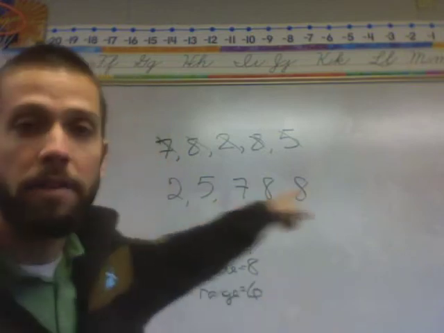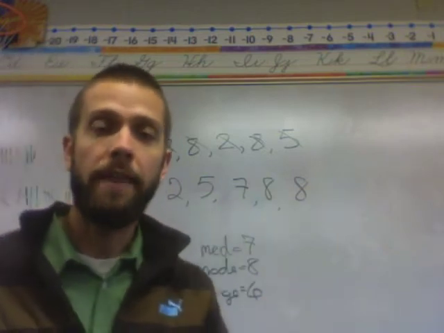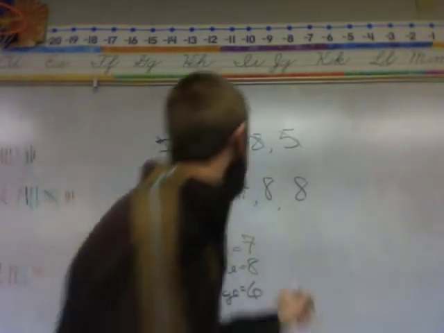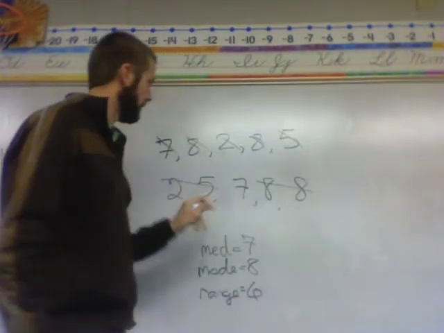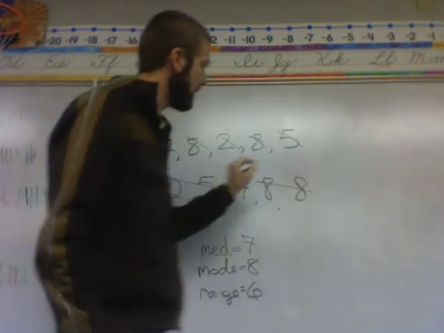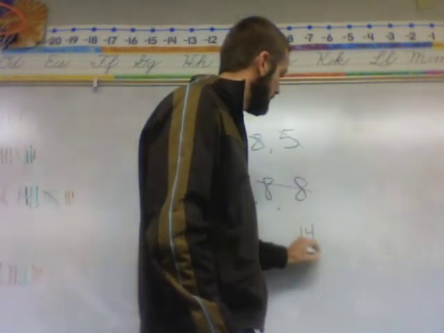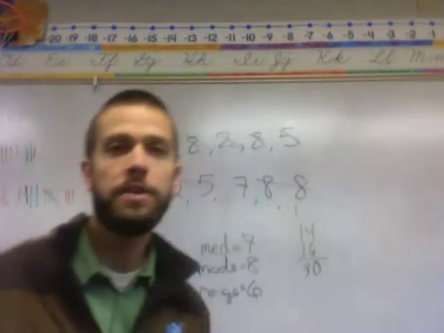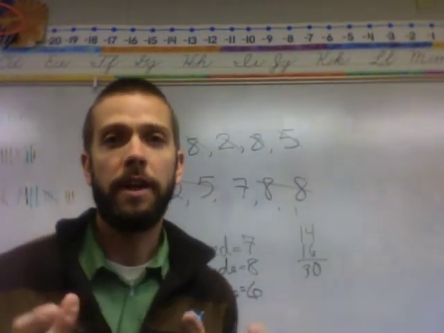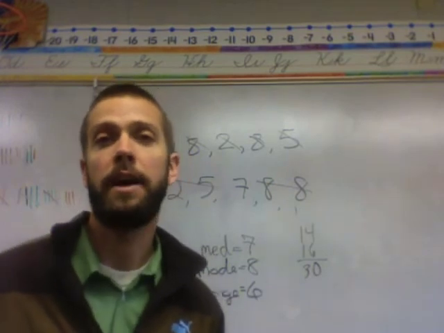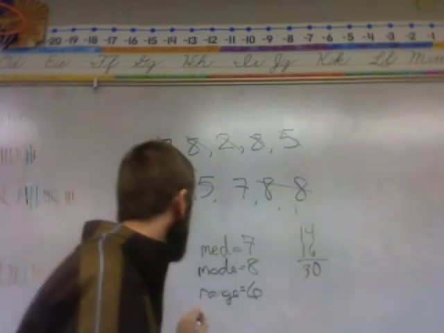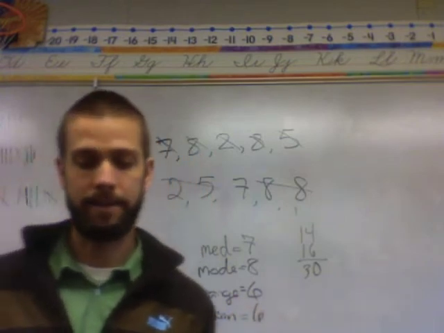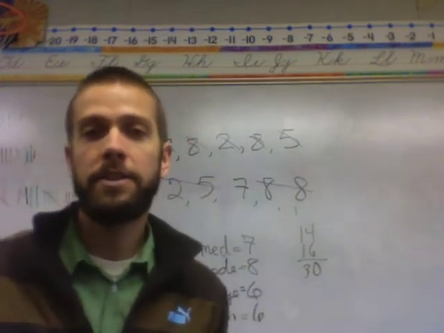Well, we have 5 numbers here, so you have to add them up and divide by 5. So 8 plus 8 is 16. 5 and 2 is 7, so we have 7 and 7, which is 14, and 16, which is 30, right? So we added up the numbers, that's 30. Now divide by 5, and you get 6. So the mean is 6.